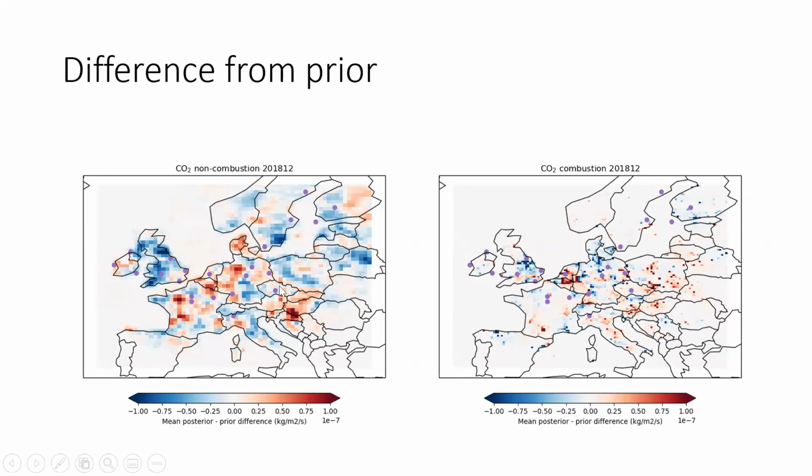So on the left, just looking at the difference between the posterior and the prior for the non-combustion sector in December, essentially seeing large decreases over a lot of the north and west of the UK, whereas for the combustion sector, seeing decreases around the Midlands and then increases in other parts, particularly in the Benelux and the Ruhr regions. But like I said, I'm not sure how believable this is, and I think there's still some issues to iron out within this.